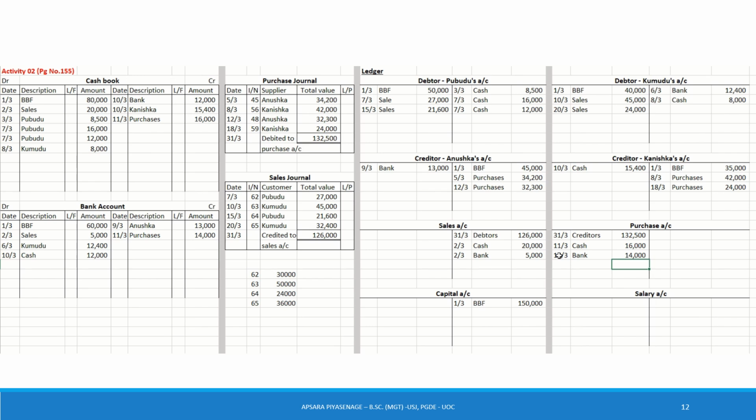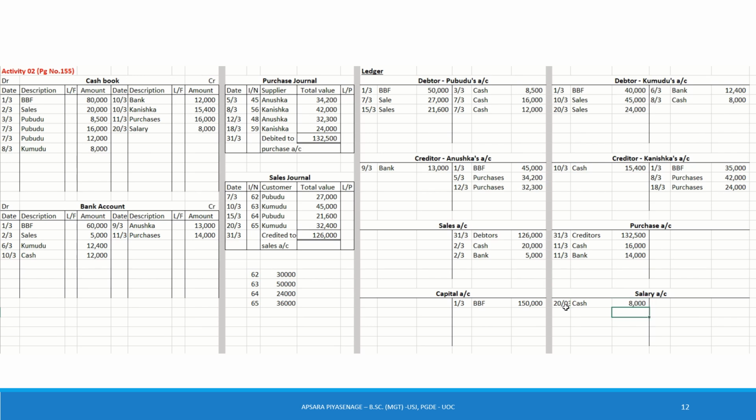Then 20th of March they have paid salary. 20th of March, salary, 8,000 cash has been paid. Salary account should be debited. Cash 8,000.